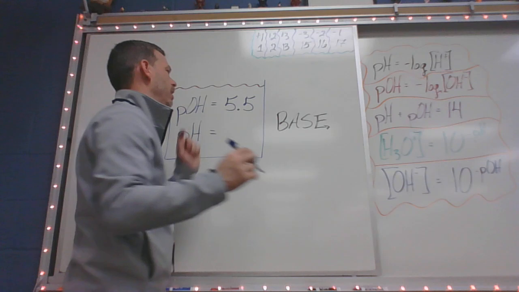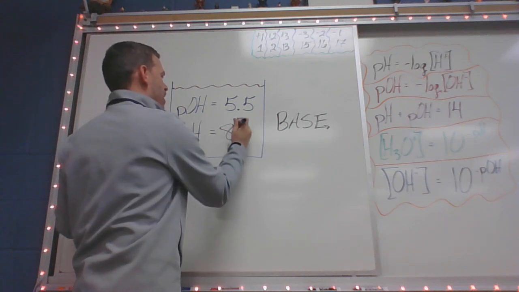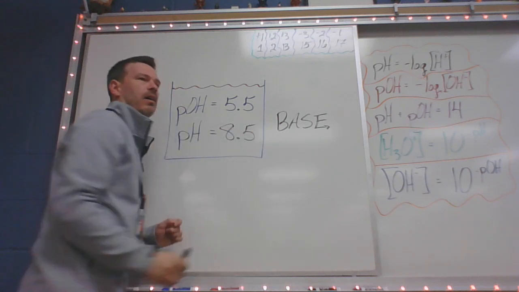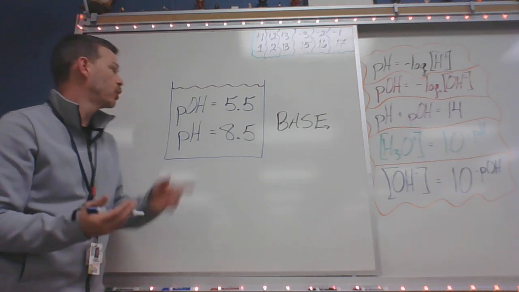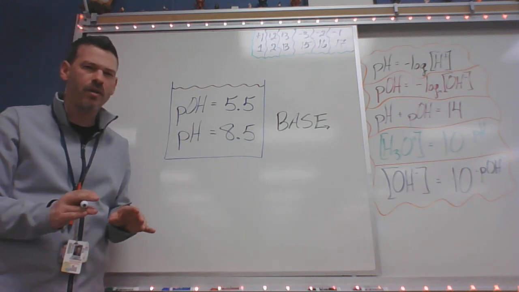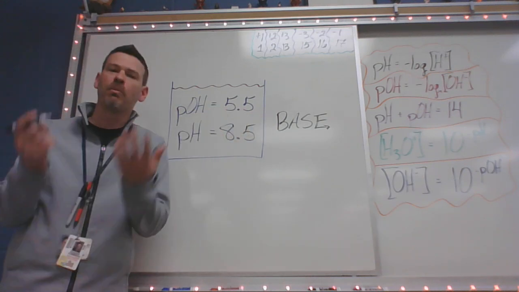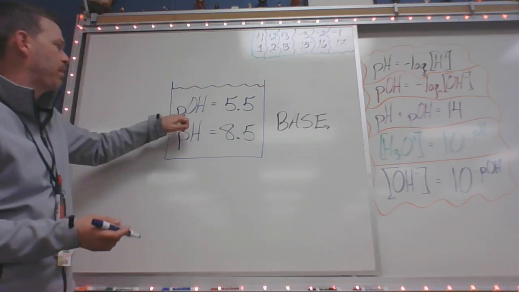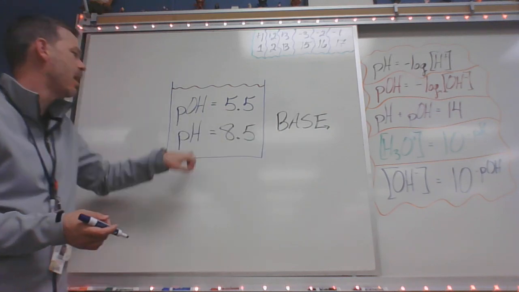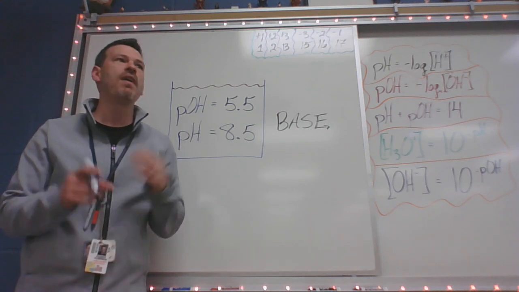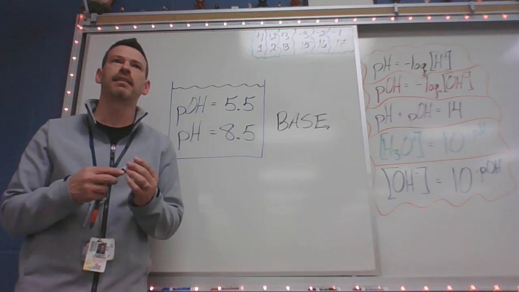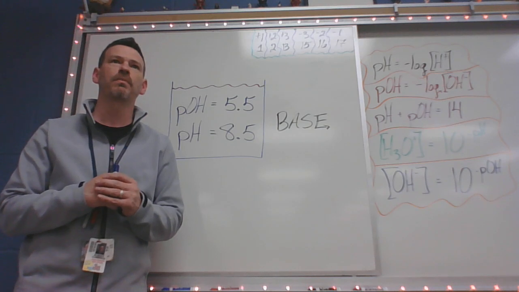Say again. 8.5. Y'all like that number? Yeah, it's perfect. Because these two numbers together always equal 14. So if you have one, you know the other. And both of them, of course, support the fact that they're basic, because a pOH below 7 is basic, a pH above 7 is basic, and they both simultaneously exist in all solutions.